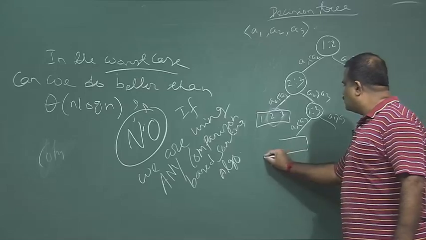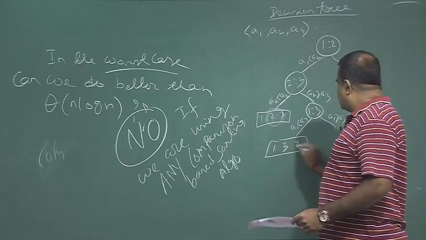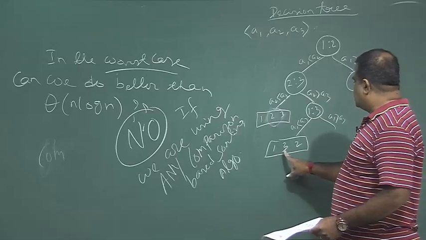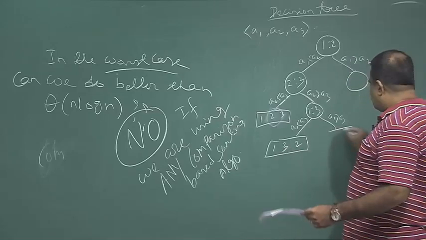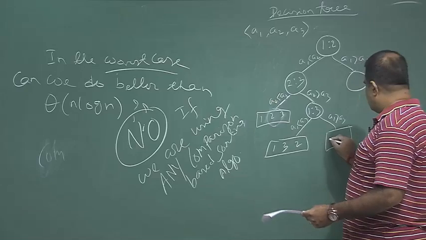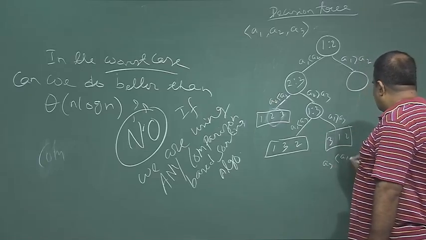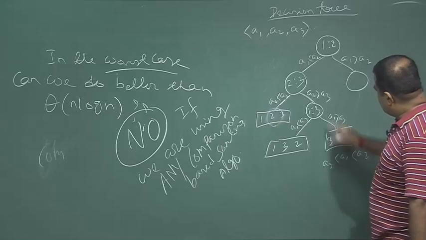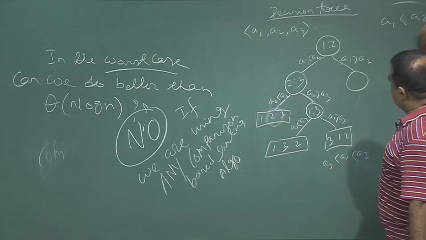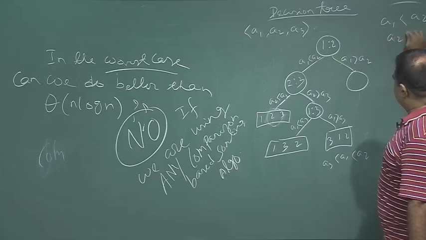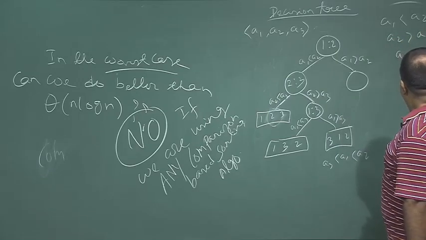If we reach this path, then we have a decision 1, 3, 2. That means A1 is less than A3, less than A2. And if we reach this path, we have a decision 3, 1, 2. That means A3 is less than A1, less than A2, because this path is telling us A1 is less than A2, A2 is greater than A3 and A1 is greater than A3.